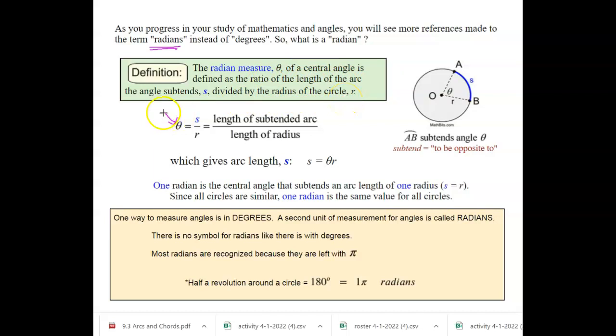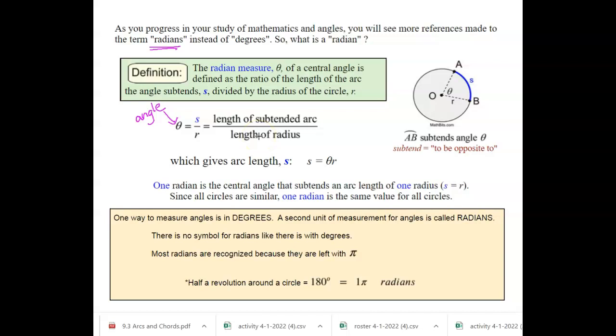And so theta stands for our angle, just so you know. It's a Greek letter, theta. So theta, S, and I have no idea why they do this, but S stands for your arc length. It's never made sense to me, but I don't make these typical abbreviations up, divided by the length of the radius.